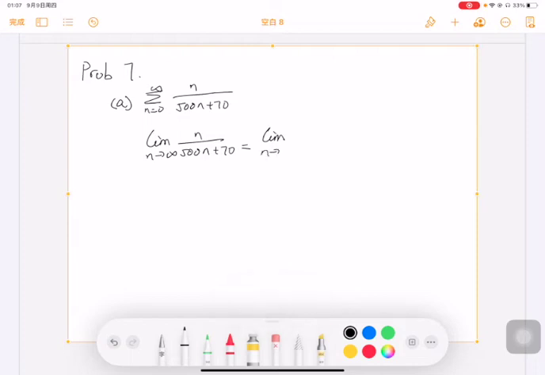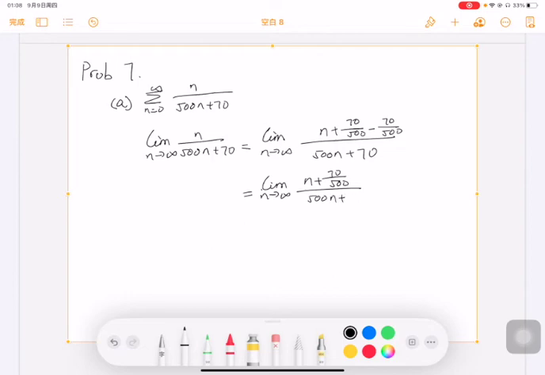What you can do is write n as (n plus 70 over 500) minus 70 over 500, so the limit equals the limit of (n plus 70 over 500) divided by (500n plus 70), minus the limit of (70 over 500) divided by (500n plus 70).